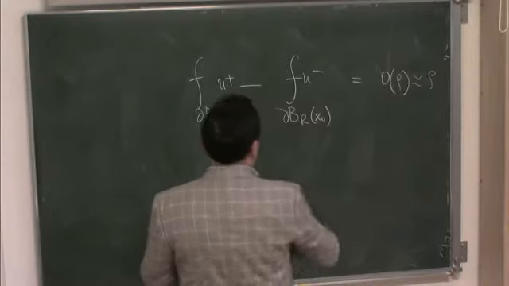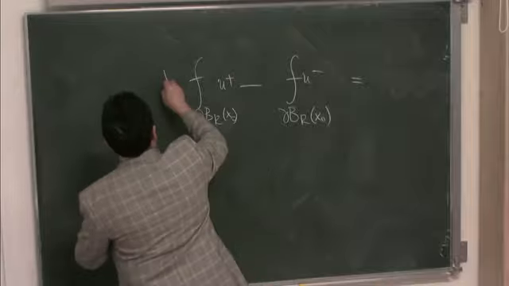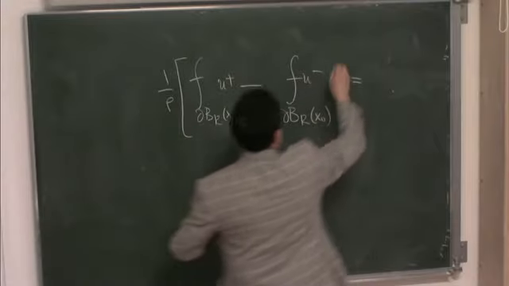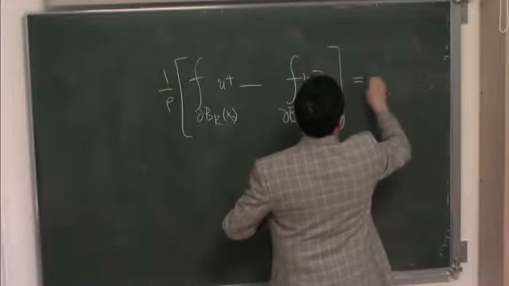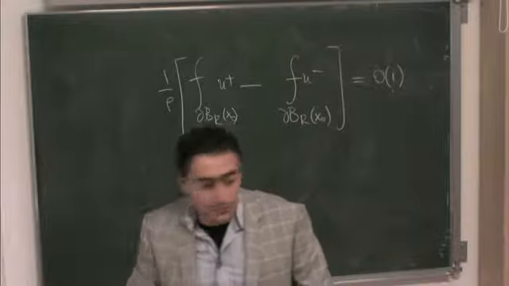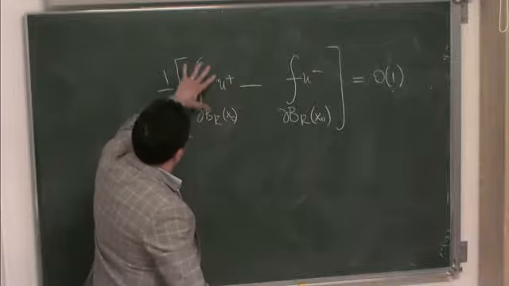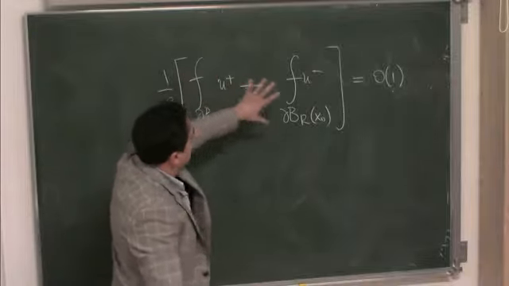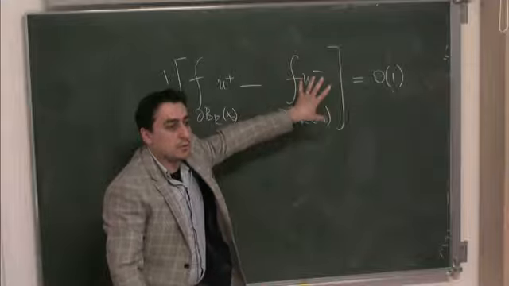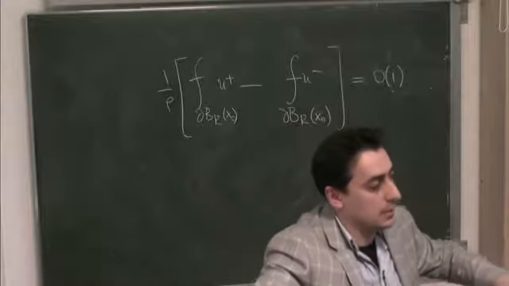In other words, if I just now divide both sides by rho, then this becomes a bounded quantity. In other words, if say u plus doesn't have linear growth and this integral goes to plus infinity, then so does u minus. In other words, both guys should go to plus infinity simultaneously.